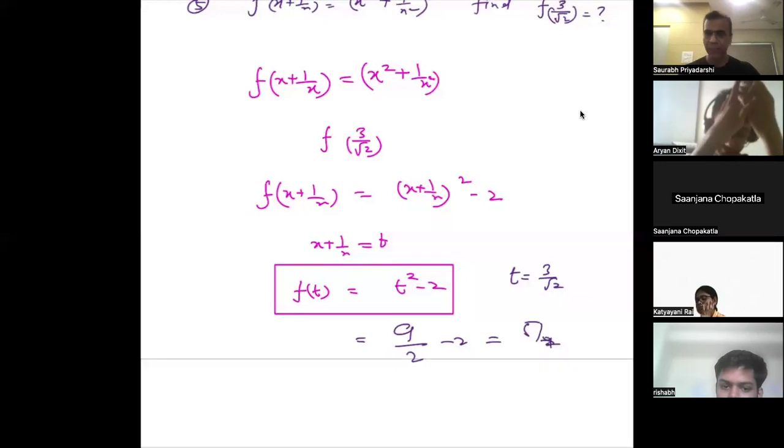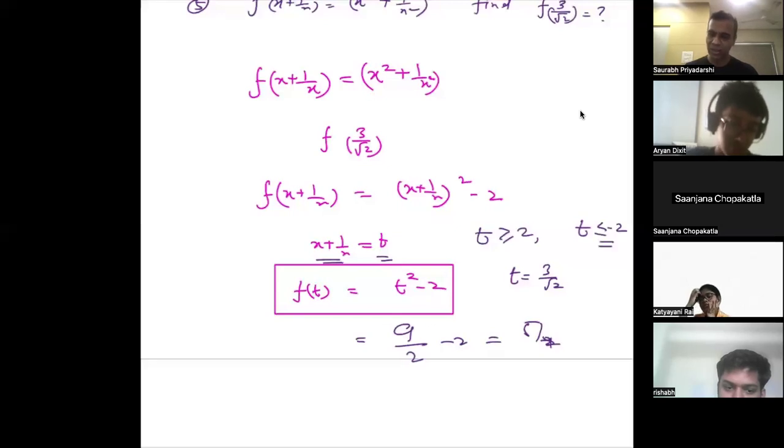But you are saying x plus 1 by x is t and x is a real number. So if x is a real number, t must be either greater than or equal to 2, or less than or equal to minus 2. This function is valid for only greater than or equal to 2 or less than or equal to minus 2.